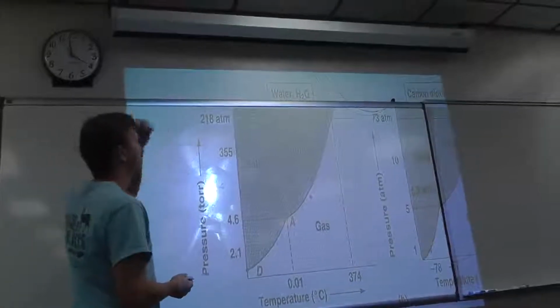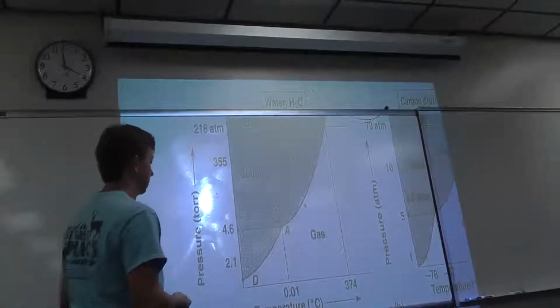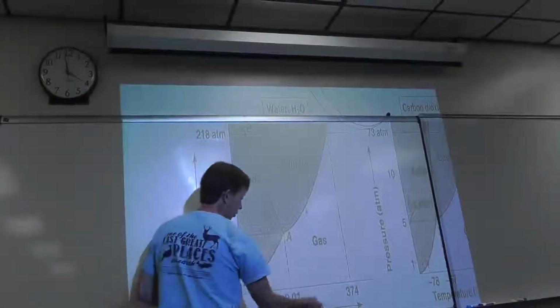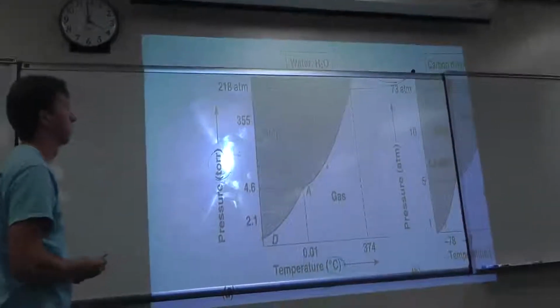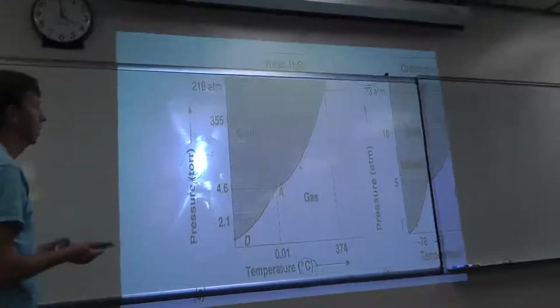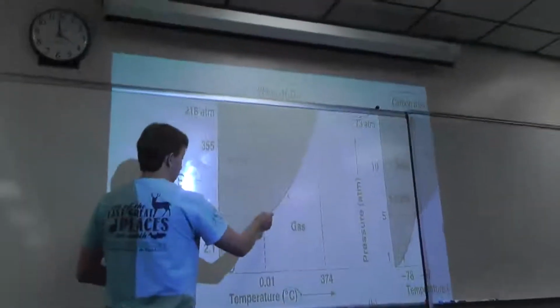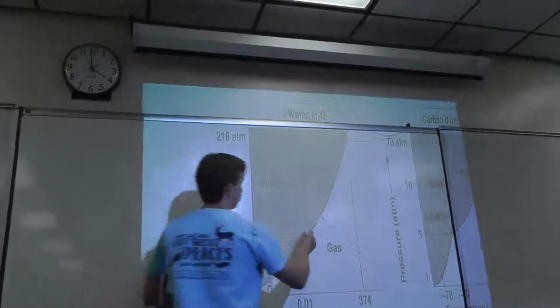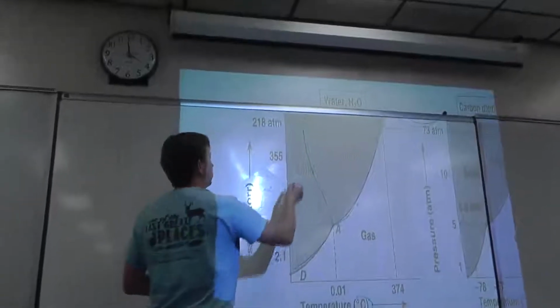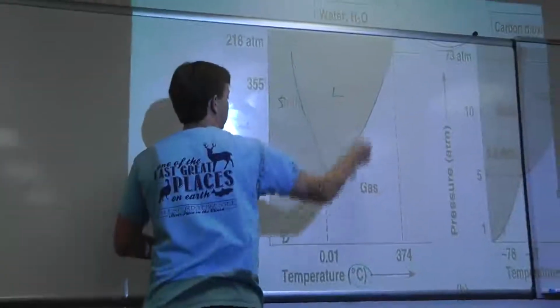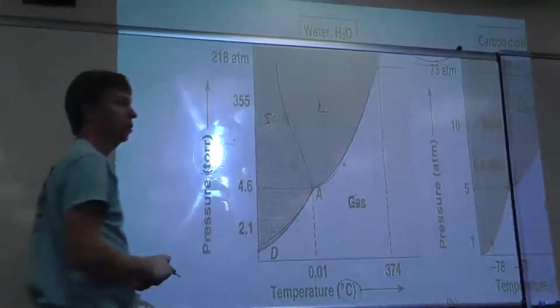Now this one is laid out for water. Your units on temperature are Celsius. On pressure, these are in torr. And with your boundaries here, it's telling you what form exists at any set of conditions.